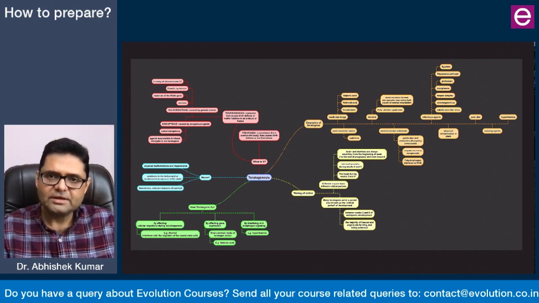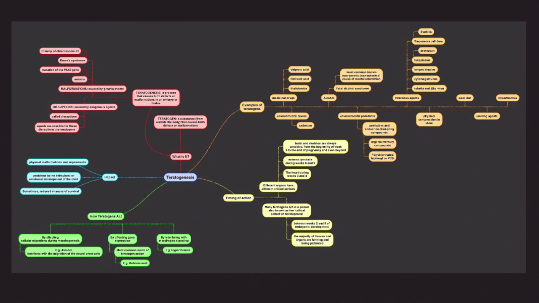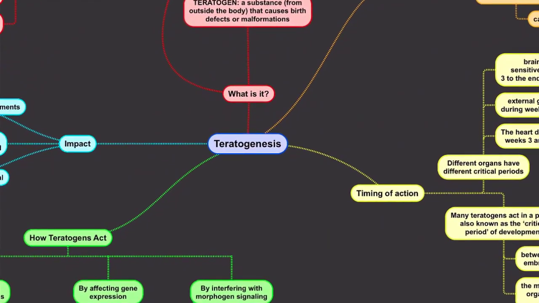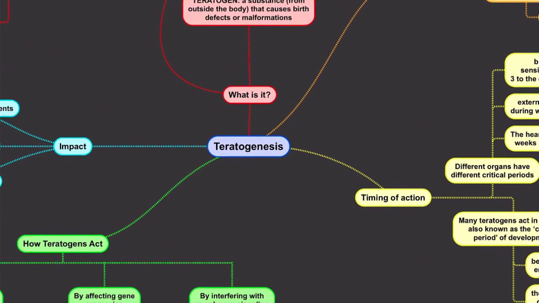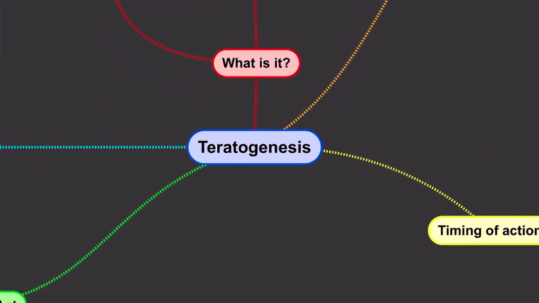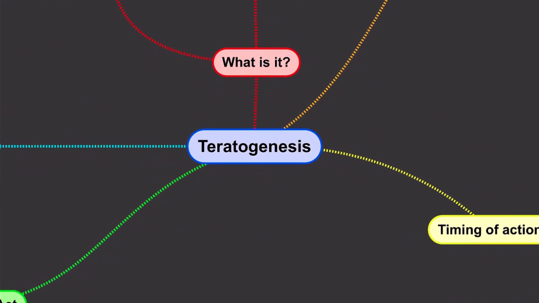So here we go in the full screen mode, and then I will be enlarging it a bit. First and foremost, let us check what are the dimensions we are going to deal with. The central topic is teratogenesis. The first thing you will want to deal with is to define the term in your notes, both the term teratogenesis and teratogens.